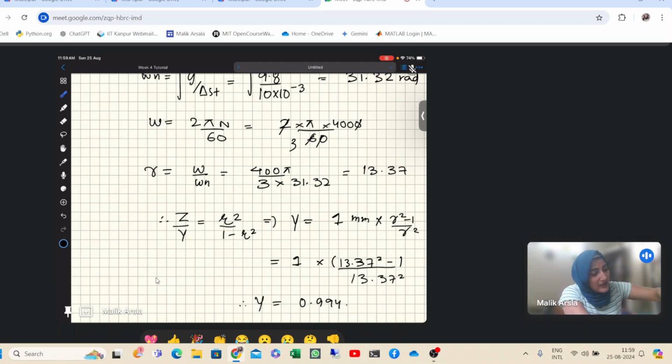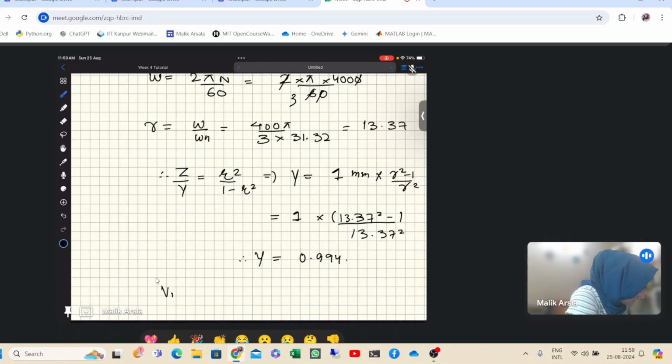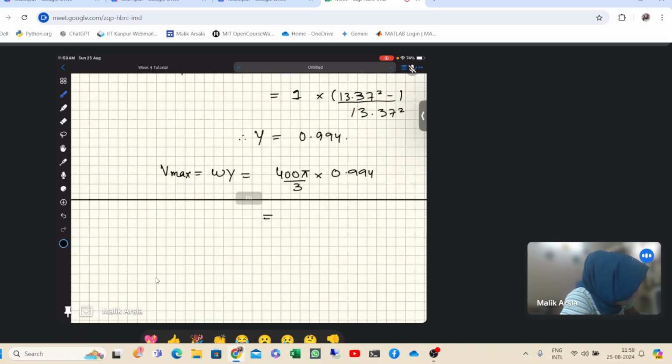Now that has not been asked in the question. In the question we have been asked about the V max. So from the expression of velocity, we know that if y is Y sine omega t, then when we take y dot, it will be Y omega cos omega t. So the maximum will be omega into Y. So omega here is 400 pi by 3, and 0.994 is our Y. So when you calculate this, it will come out to be 406.53.